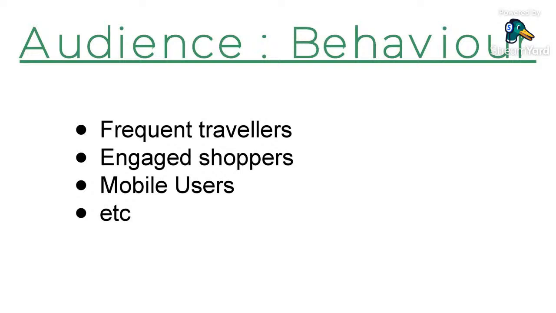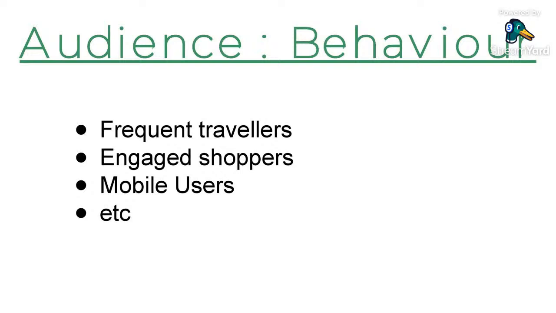This is a layman's way of explaining this stuff. So you can target your audience with certain behavioral keywords like frequent travelers, engaged shoppers, mobile users, frequent international travelers, and so on.